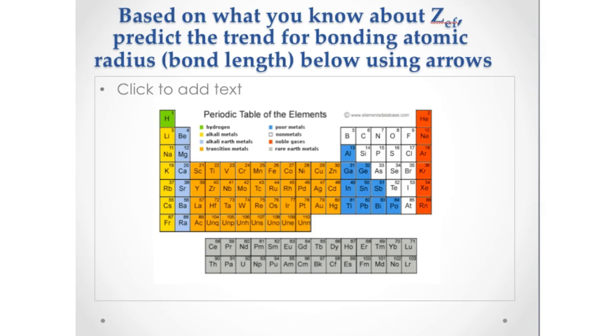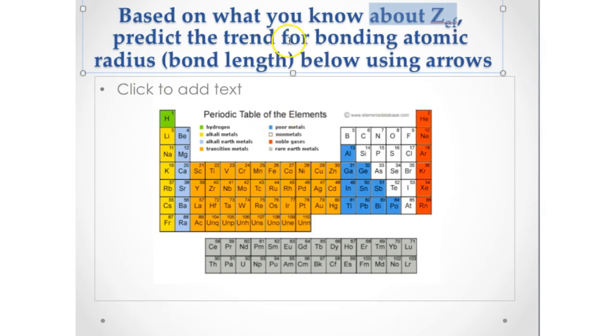And I also want you to know that the larger the attraction, the larger Zeff is, the smaller the radius tends to be. Okay, so it says here, based on what you know about Zeff, predict the trend for bonding atomic radius. So let's see. The bond radius should get larger as you move to the left because things get bigger, and down.